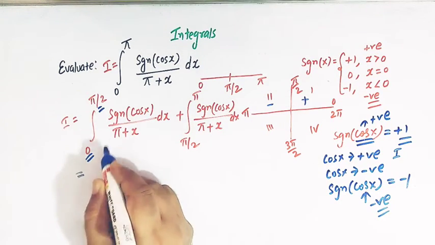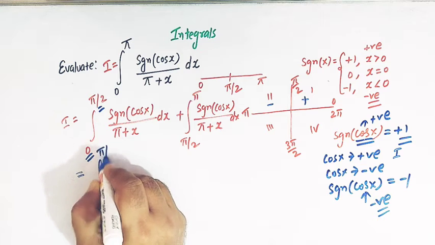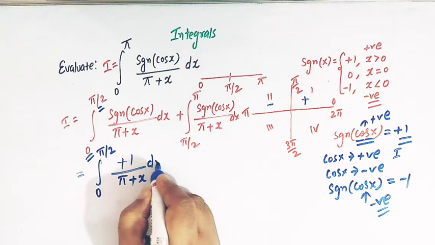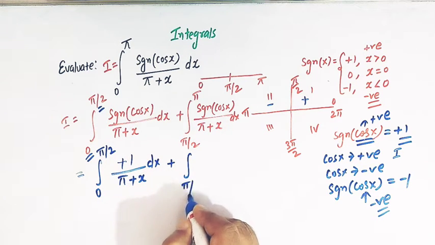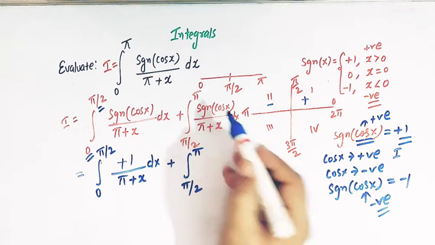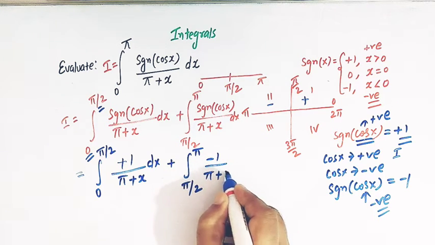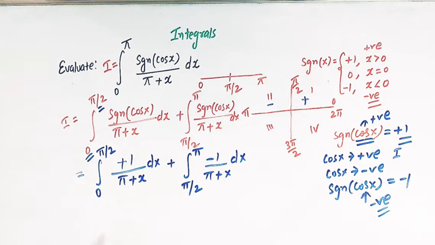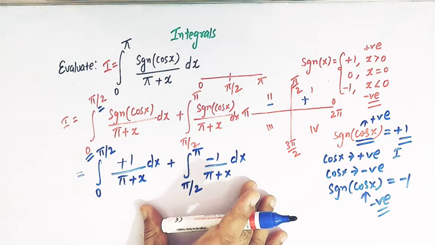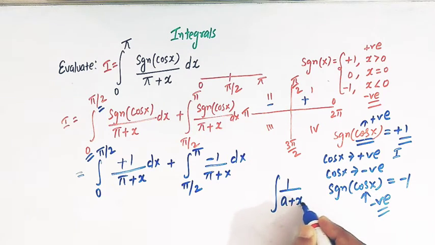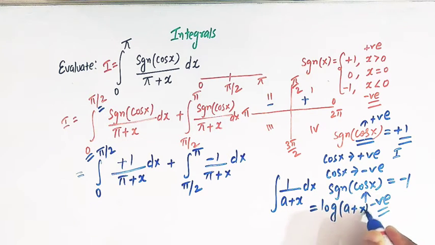Now we can write these integrals as the integral from 0 to pi by 2 of plus 1 over pi plus x dx, and the integral from pi by 2 to pi, where signum of cos x is negative 1, of minus 1 divided by pi plus x dx. Now we have two simple definite integrals, and we know that the integral of 1 over a plus x dx is equal to log of a plus x, the natural log.